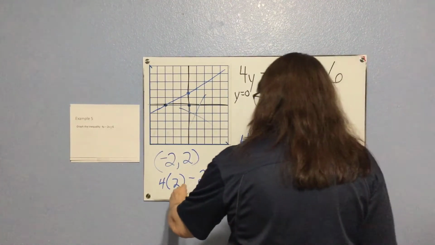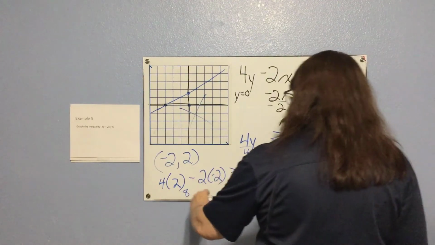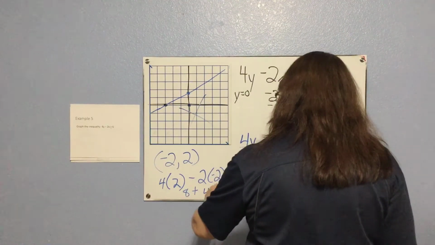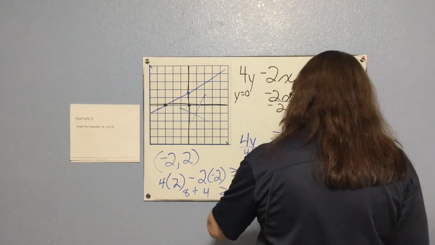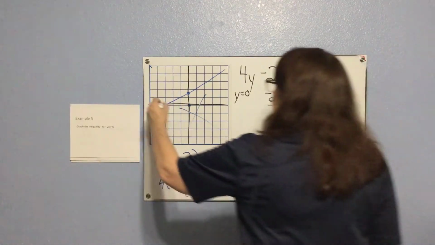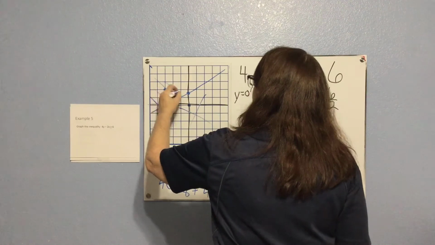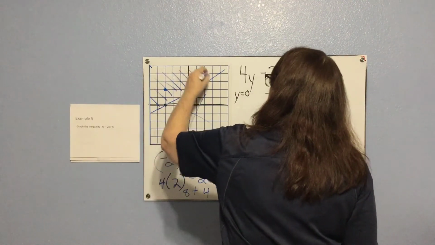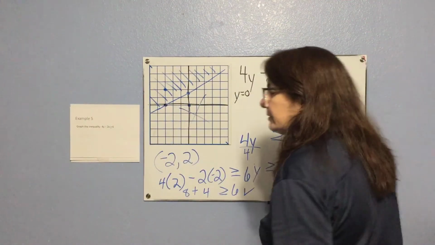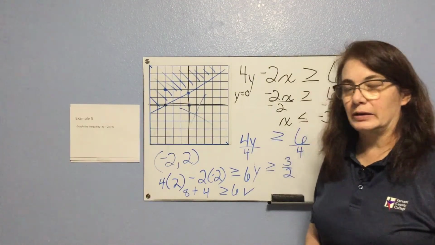Well, this is 8. And the negative is going to be plus 4. Greater than or equal to 6? Yes, it is. So that tells me that I should shade up here where my test point is. But just another technique for graphing inequalities.